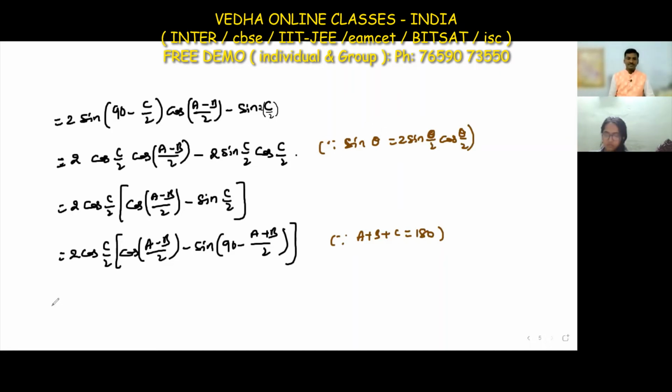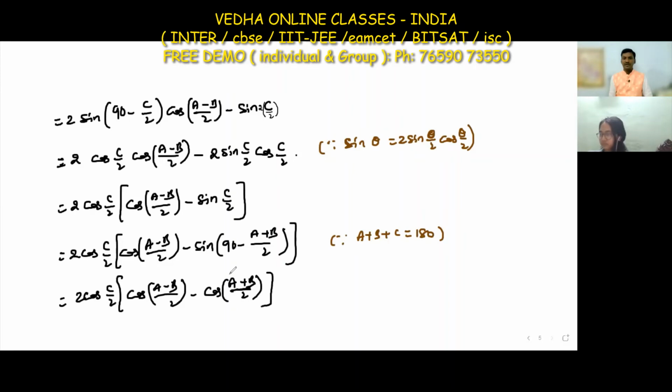Next, this is equal to 2 into cos of C by 2 into cos of (A minus B) by 2 as it is. When we have 90 degrees, the sin is replaced with cos, so cos of A plus B by 2. 90 minus theta is in the first quadrant, all are positive, so we get positive only. The outside negative sign is as it is.